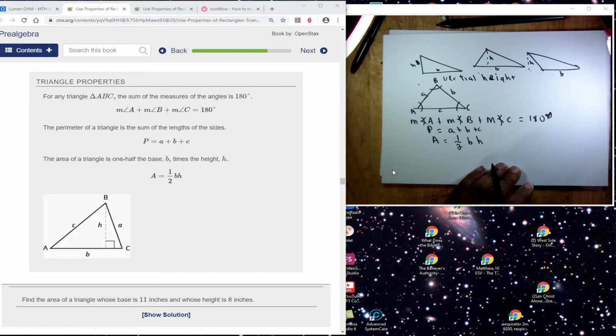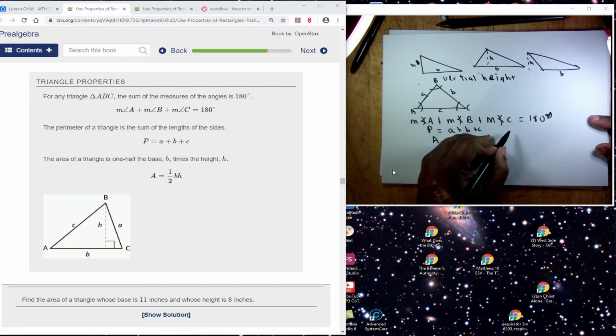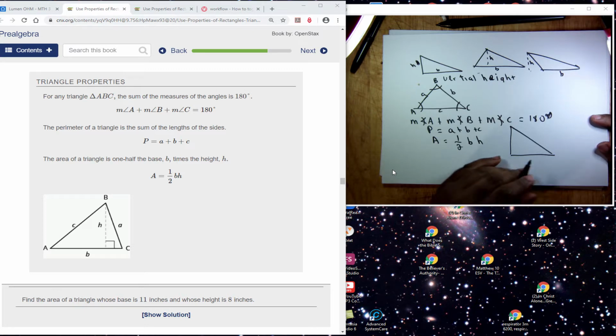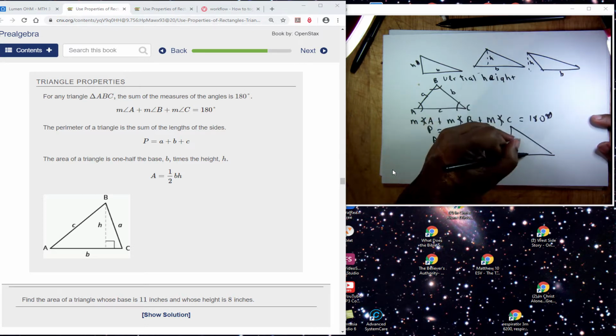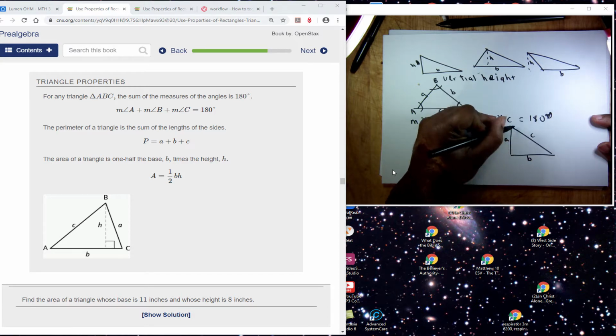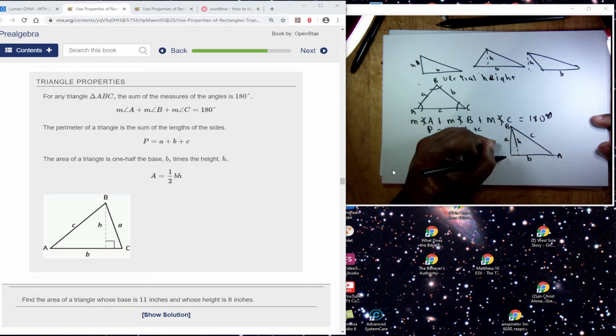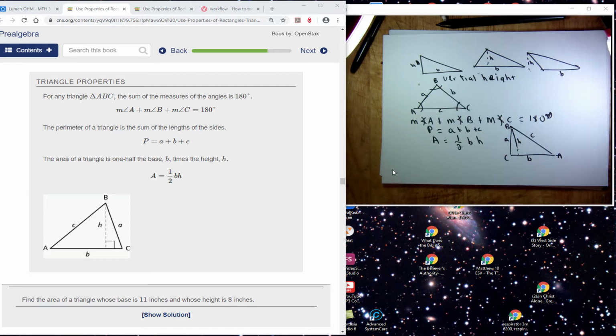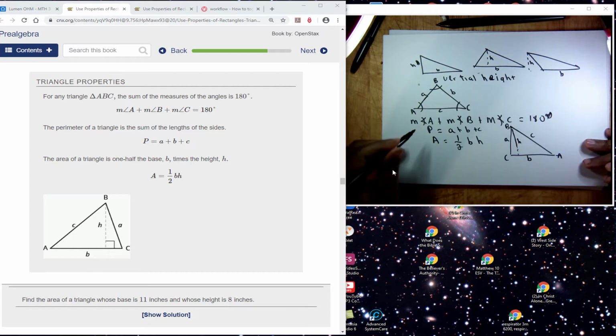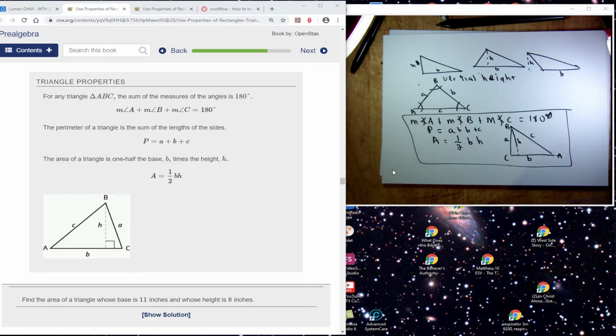So you can see it here in this triangle, sides A, B, and C, and that's my H. There. So now they ask us to work some problems.